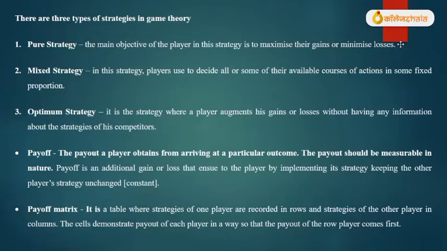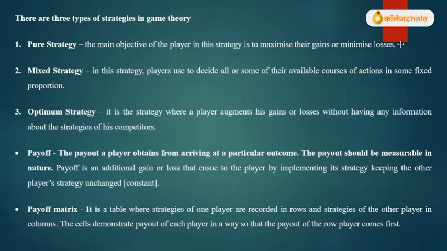Next, payoff matrix. See, we know about matrix, right? In mathematics, we have an idea of what a matrix is. So here, a payoff matrix is a table where strategies of one player are recorded in rows and strategies of the other player are in columns. That means there will be rows and columns as in a normal matrix.